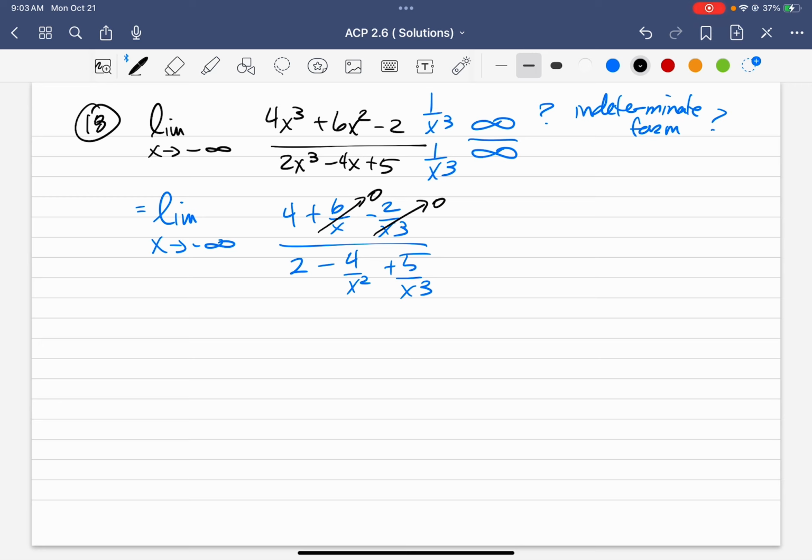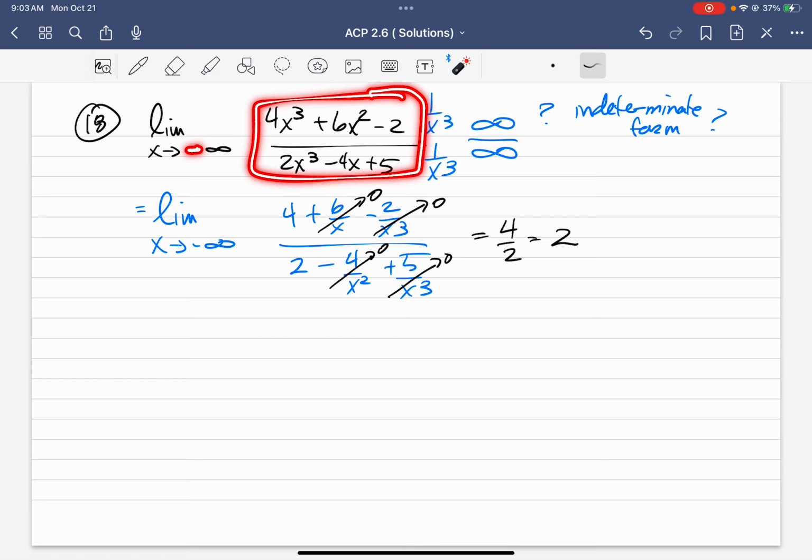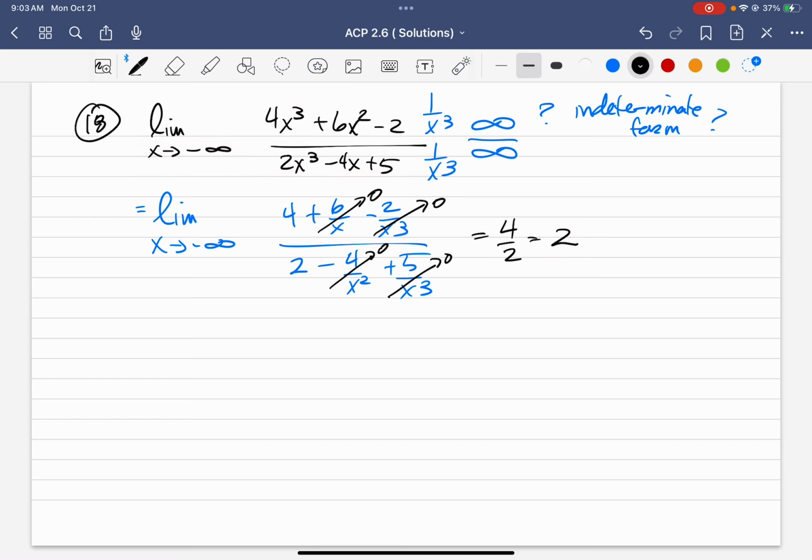Those are both going to go to 0. These go to 0, and you're left with 4 over 2, which is 2. So in the long run, as we go out to the left, this function can be made as close as you want to 2 by taking x sufficiently large in the negative direction. That is 18.